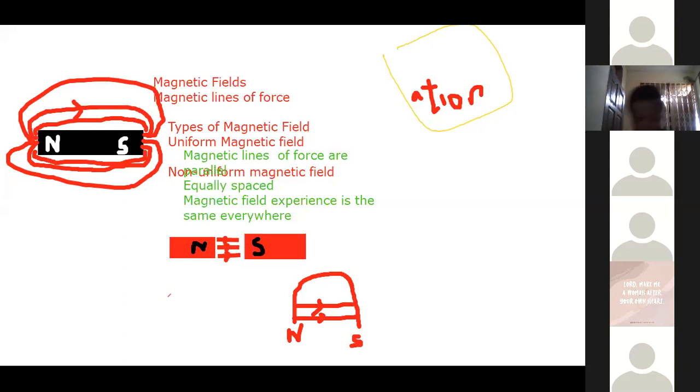Then we move straight to electromagnetic induction, where we will talk about Lenz's law, Faraday's law, eddy currents, and so on. Then we move straight to alternating current, and then we are done.